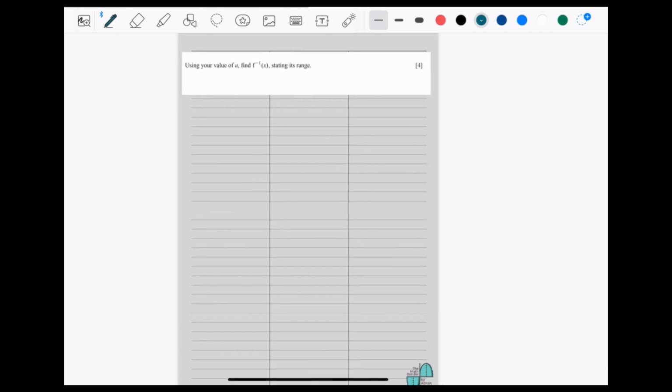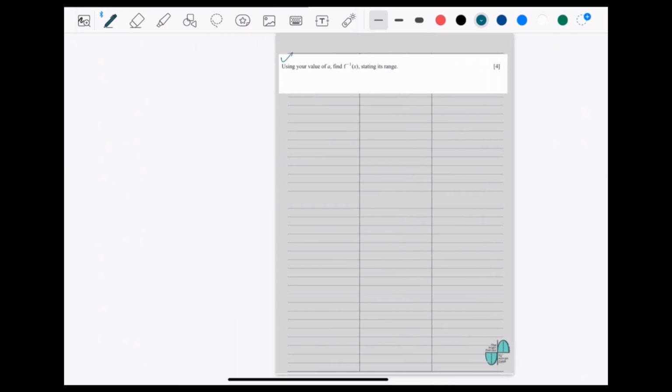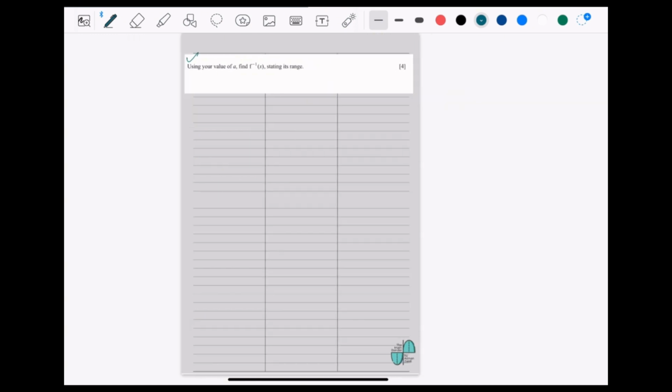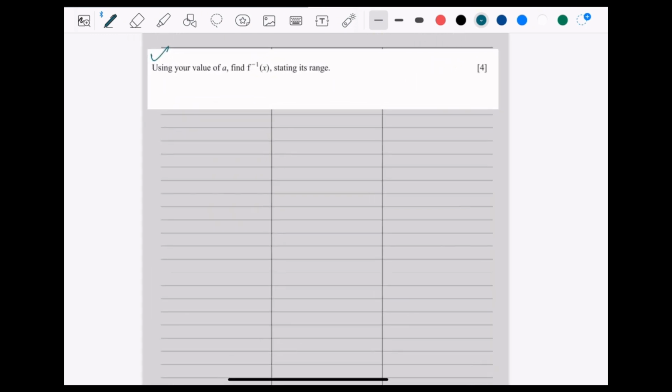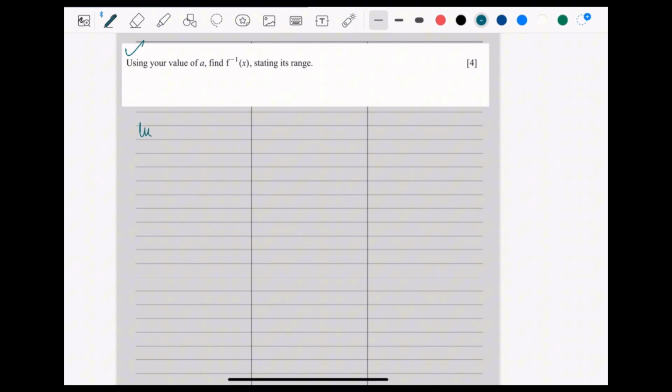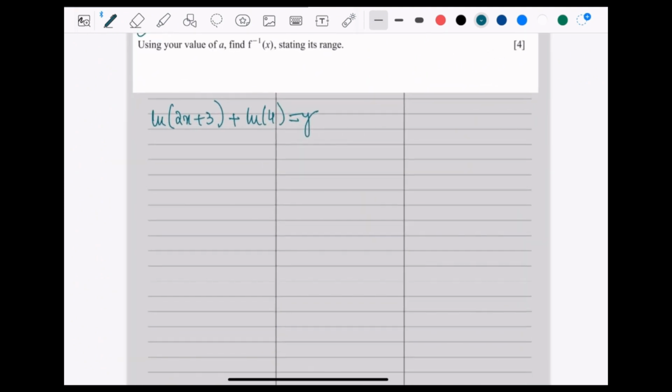In order to find the f inverse, and this is the important part because this will help us sketch the log function, now this is the equation: ln of 2x plus 3, plus ln 4, is f of x or y.